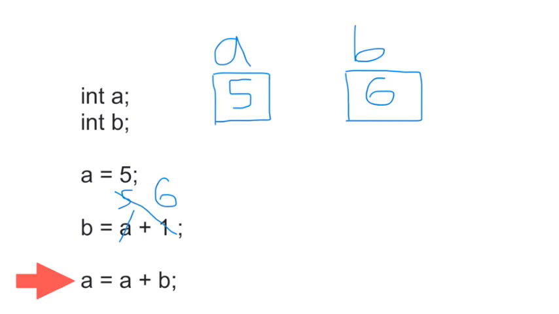And so we see that the value of a is currently 5. So we replace this a here with a 5. And then we look to see what the value of b is. The value of b is 6.